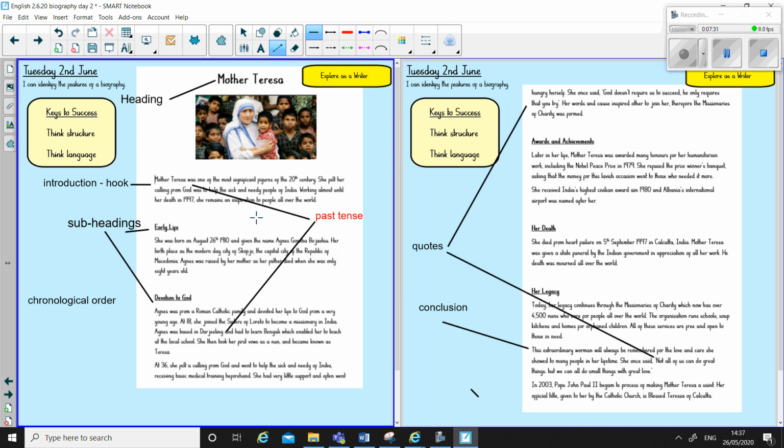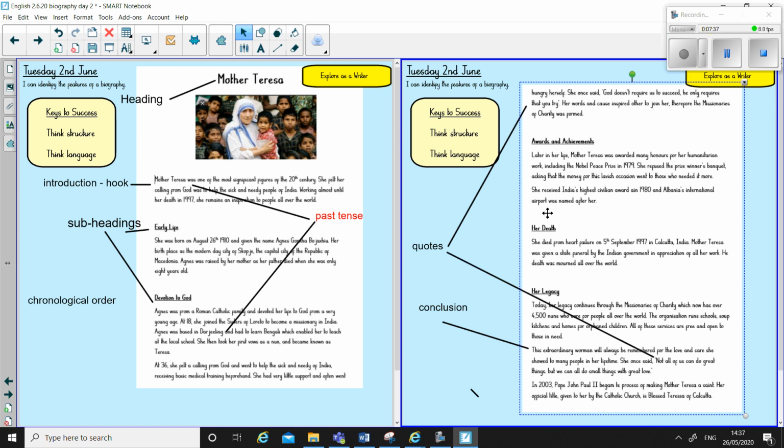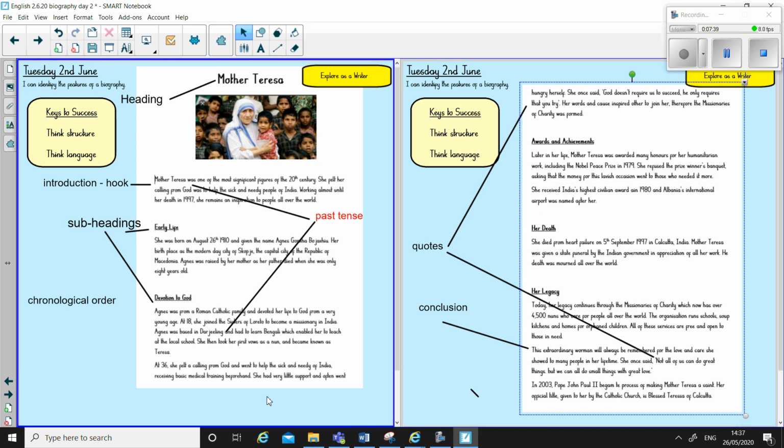It's in the third person, so we're writing about somebody else. I'll put that over here. Third person. So we've talked about that before, haven't we? It's not I, it's not about me, it's about she, somebody else. So the third person is sometimes referred to as she.